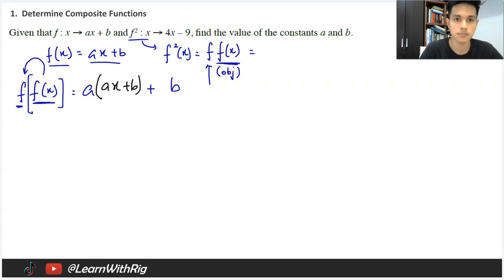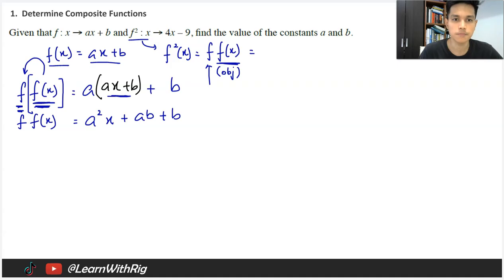This is what it means by substituting the fx as the object of the new fx, which is in front. So you substitute this as the object of ax plus b, and you get this. Next, you're going to expand. You're going to get a square x plus ab plus b.